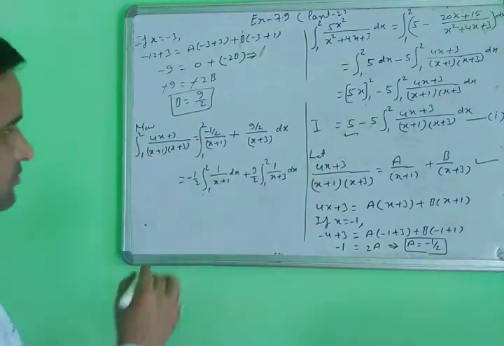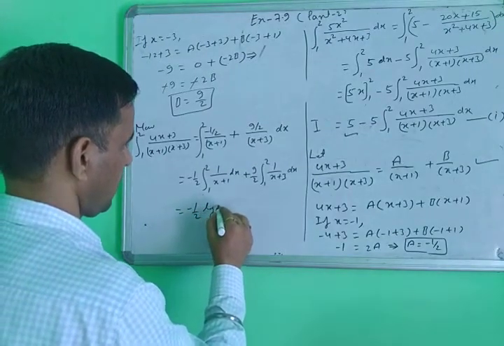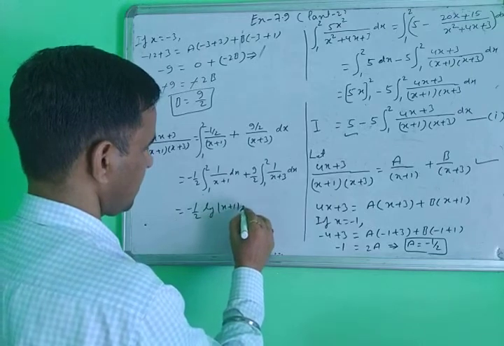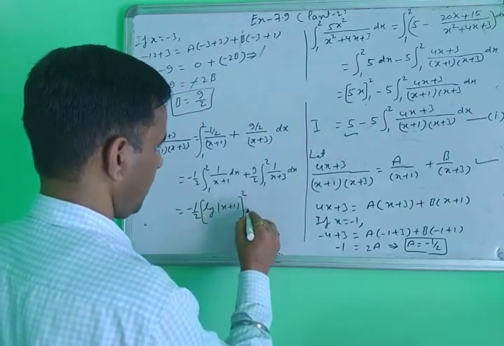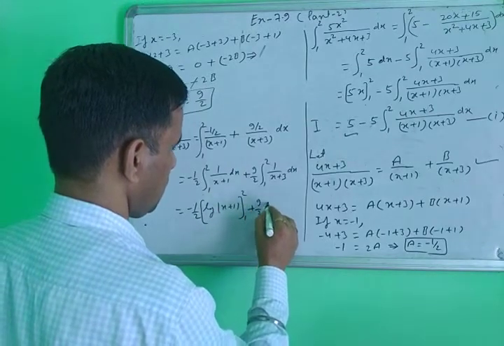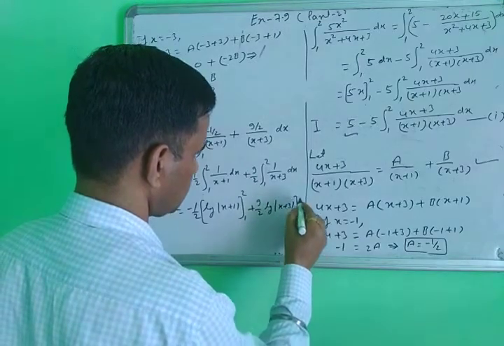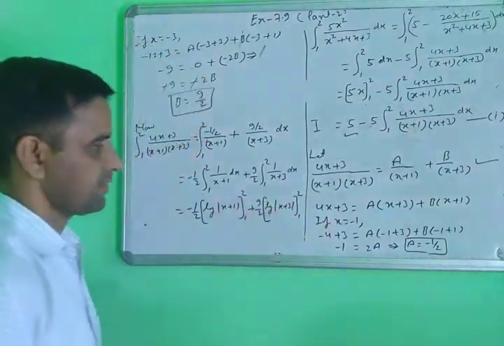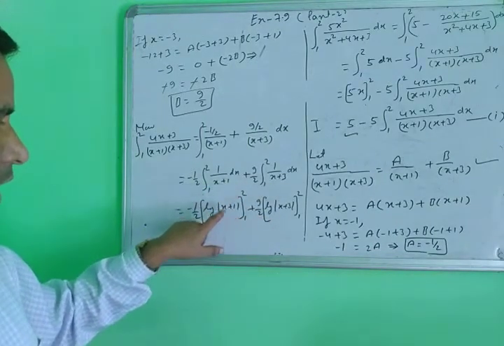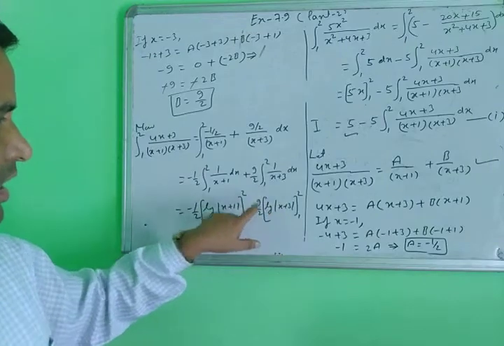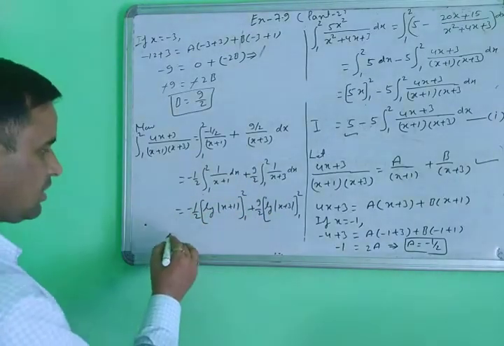Integrating this, minus 1 by 2 will be log of (x plus 1), and then you put the limits 1 to 2, plus 9 by 2 log of (x plus 3), again with limits 1 to 2. Separate integration: log (x plus 1) and log (x plus 3) are here, with 9 by 2 and minus 1 by 2 outside. Then using the limit here, what will be here?